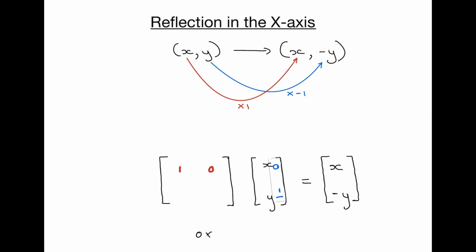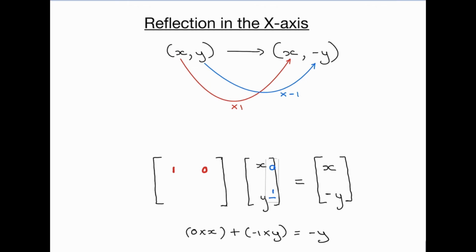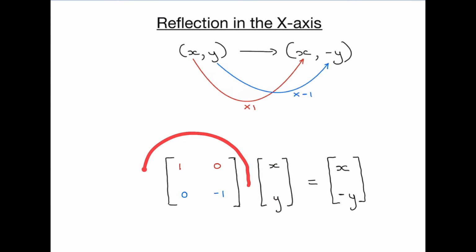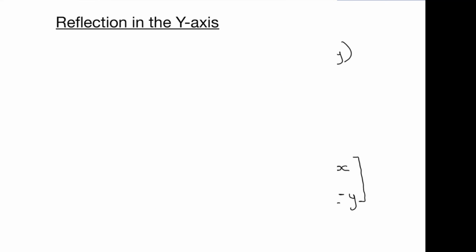So we multiply once again the numbers that line up. And then we add, and we have the result -y, which is our entry in this part of our image matrix. So now we have the transformation matrix that gives us reflection in the x-axis.